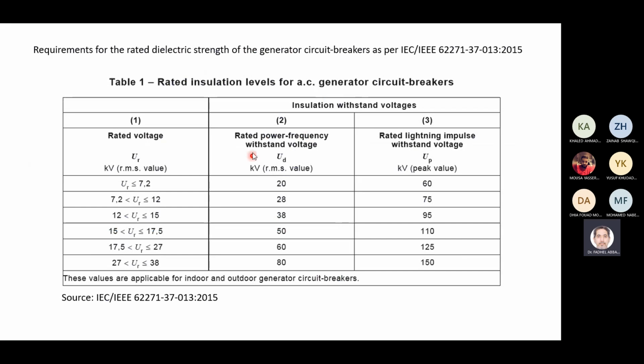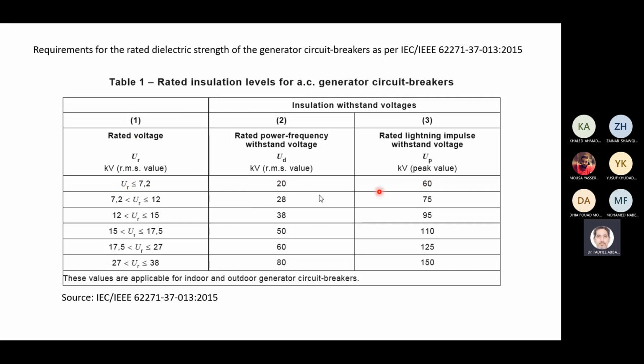This is an example from IEEE standards for AC generator circuit breakers. They call it rated insulation level. For circuit breakers less than 7.2 kV, this is the rated power frequency withstand voltage, and this is the lightning impulse withstand voltage.